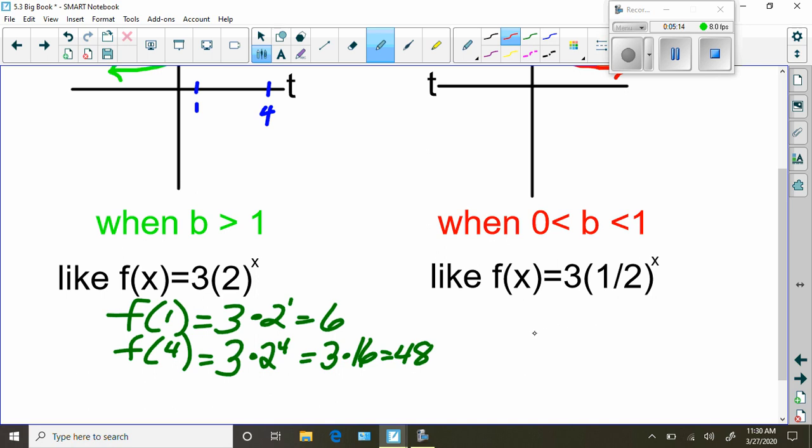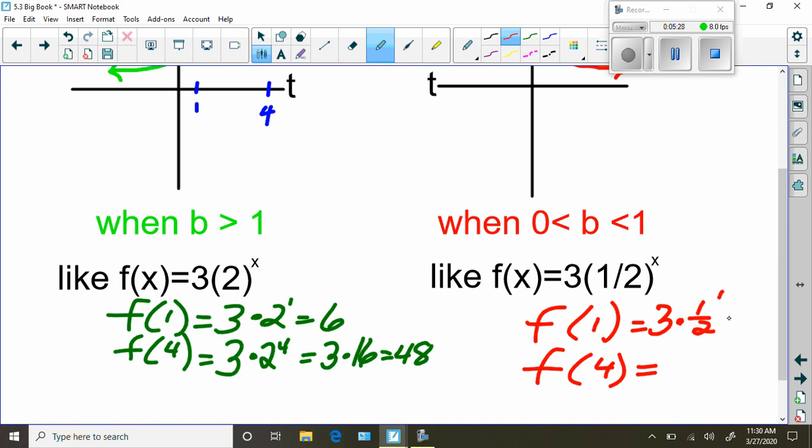All right, so let's do f of 1 here and f of 4. Okay, so if it was 1, it'd be 3 times 1/2 to the first, which is 1.5. Go ahead, figure it out. It's 3 over 2, which is 1.5, right? Okay, now let's do to the fourth.